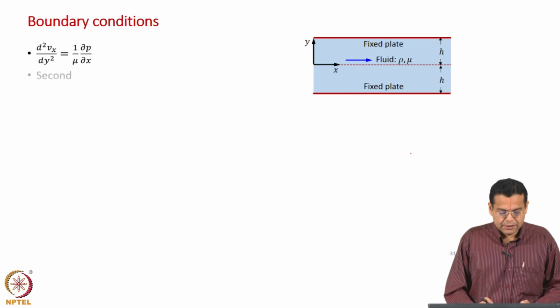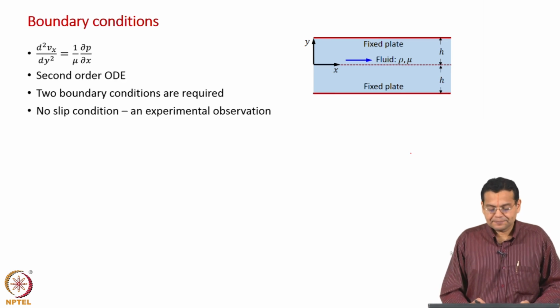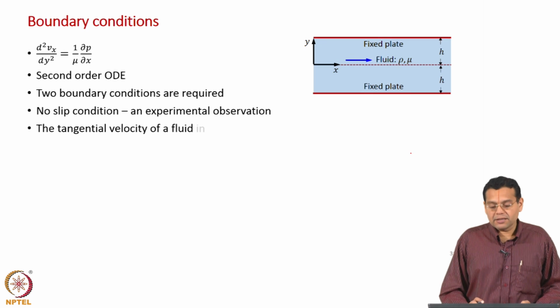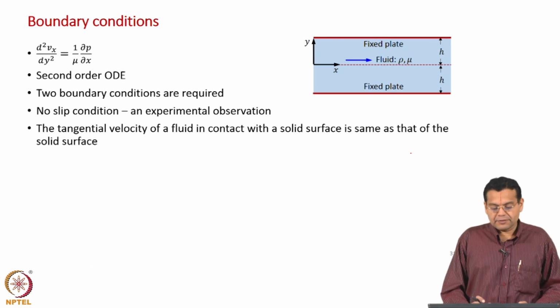We need 2 boundary conditions to solve this second order ODE, and as in the case of the planar Couette flow, we will use the no slip condition, and as I mentioned the no slip condition is an experimental observation which tells you that the tangential velocity of a fluid in contact with the solid surface is same as that of the solid surface.